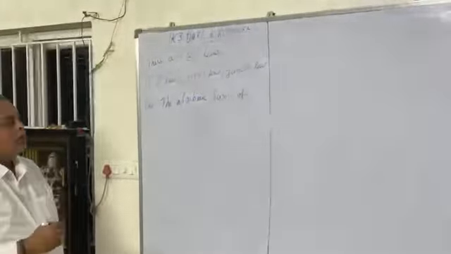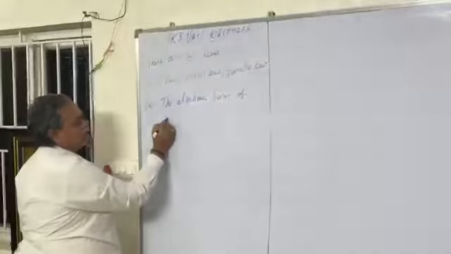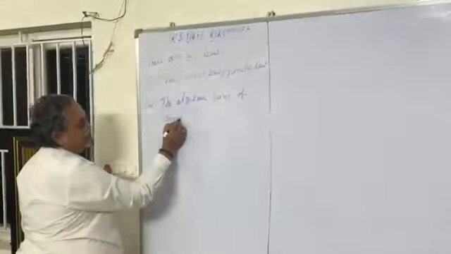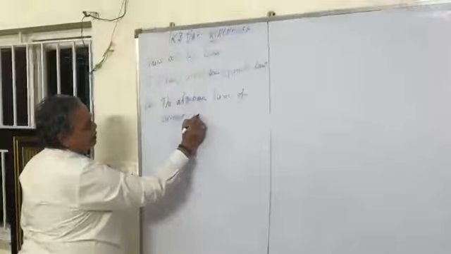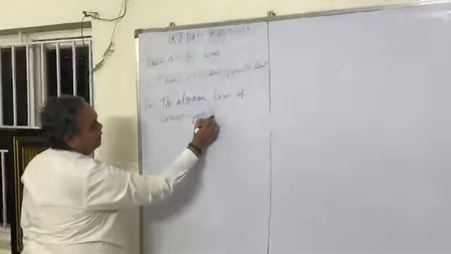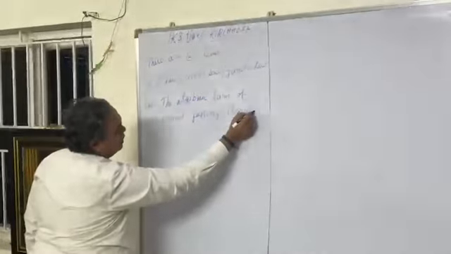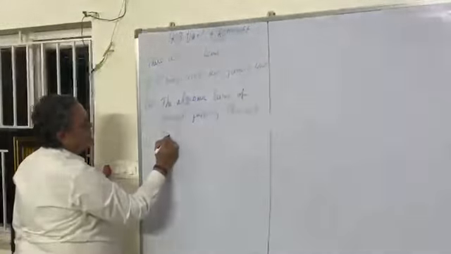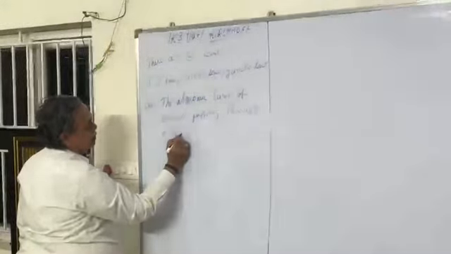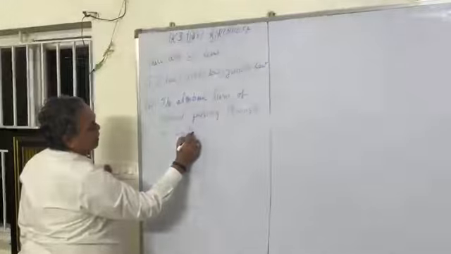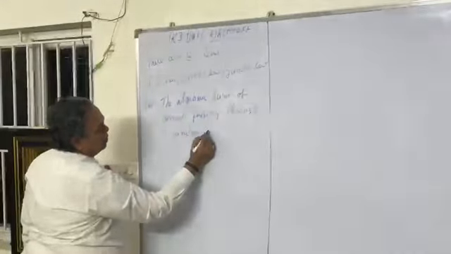The algebraic sum of the current passing through a junction is equal to 0.